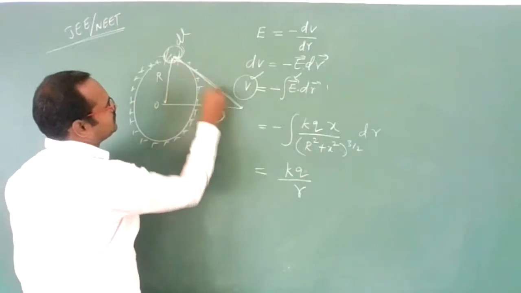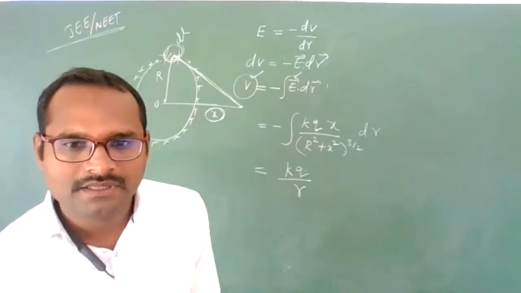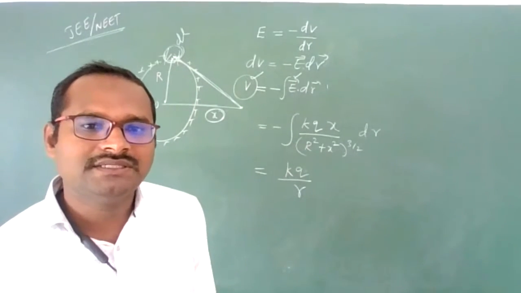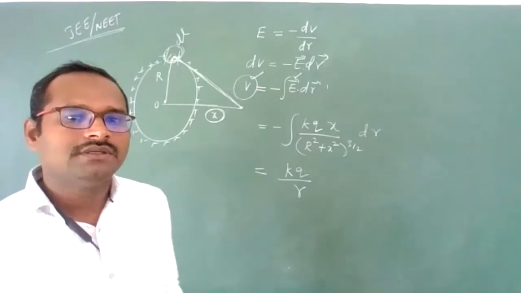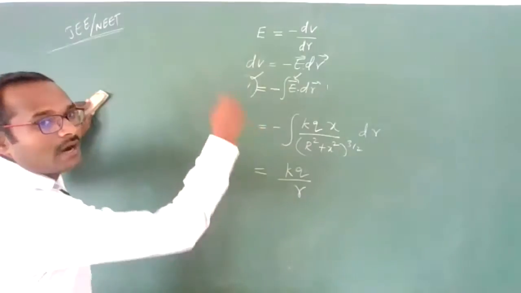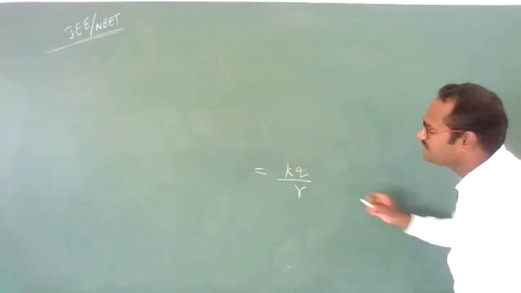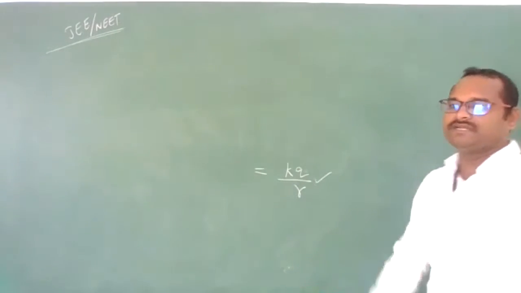Simply remember that the potential due to a ring at an outside point is kq by r. Just remember this value.